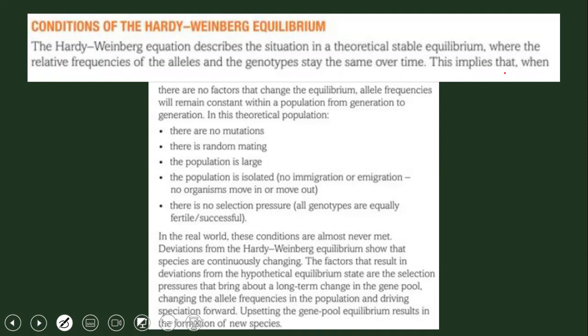But for the Hardy-Weinberg equilibrium, all of the alleles should have the same level of advantage and disadvantage. But as you and I know, that is not the case in real life. Many alleles are neutral in their effect, right? But some alleles do end up coding for a phenotype which gives an advantage or a disadvantage to an individual.